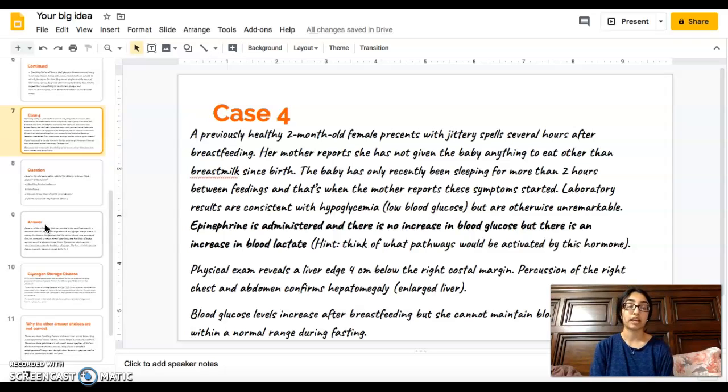The physical exam showed the liver edge 4 centimeters below the right costal margin. Percussion of the right chest and abdomen confirmed she had an enlarged liver. Blood glucose levels increased after breastfeeding, but she cannot maintain those levels within a normal range during fasting.